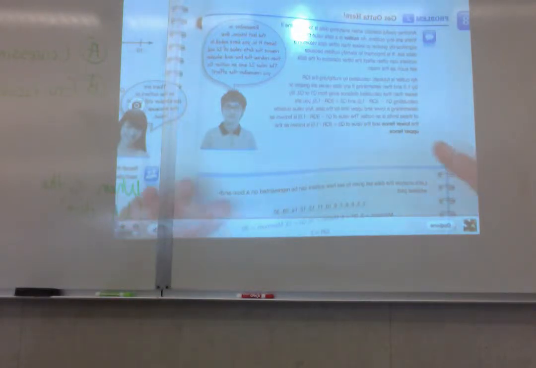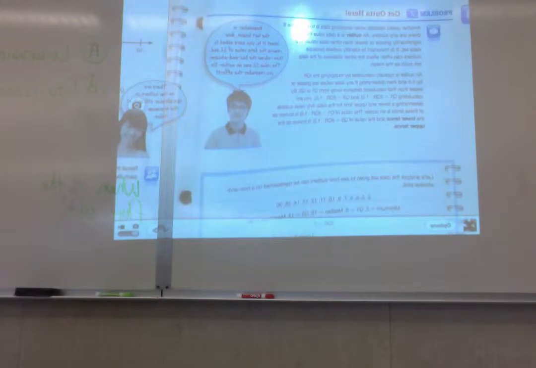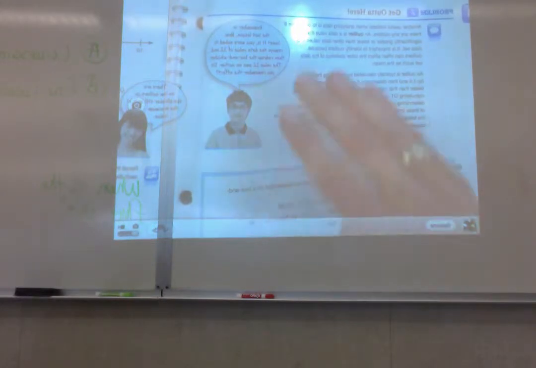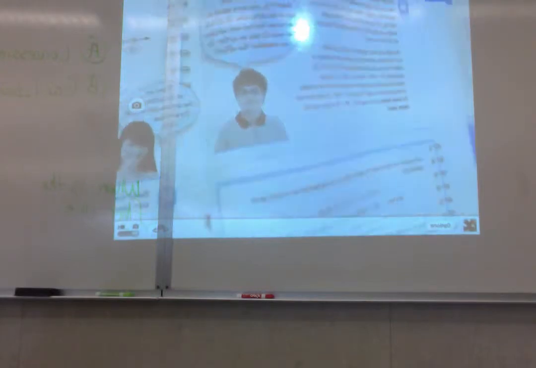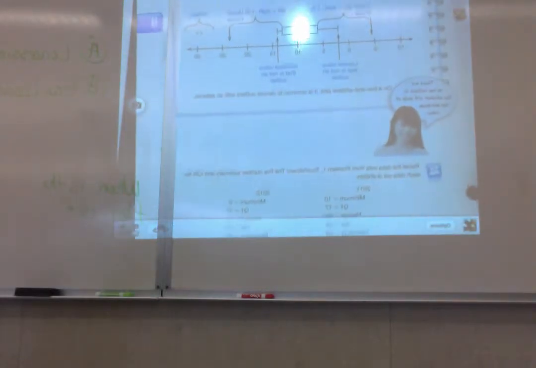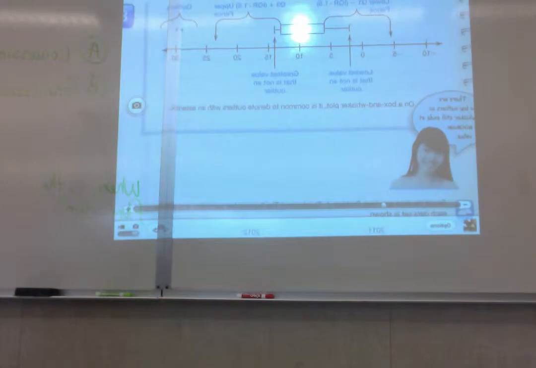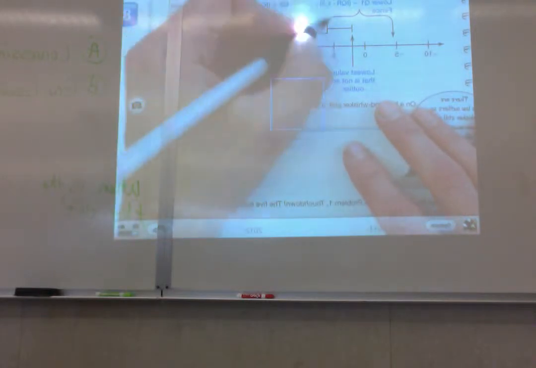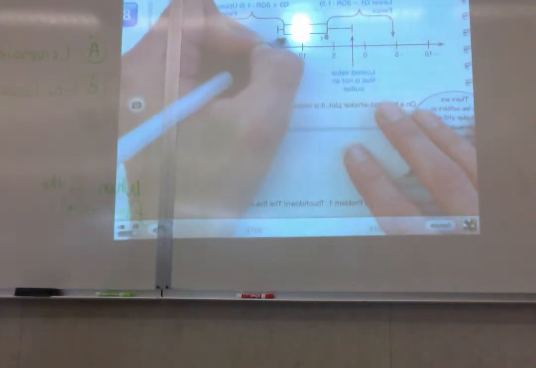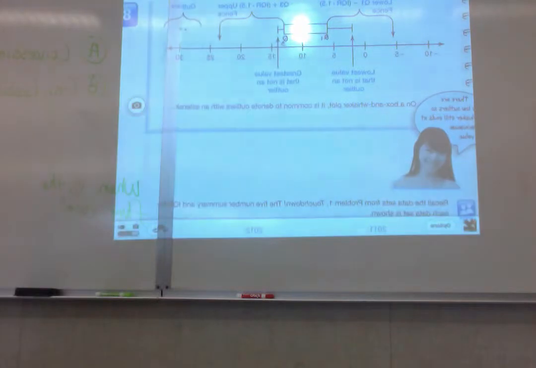Okay, so they show you how they do that at the bottom of the page for the scores. I think it makes more sense to me looking at the picture at the top of the page. Here's what we're talking about. If this is your box and whisker plot, here's Q1 and here's Q3.